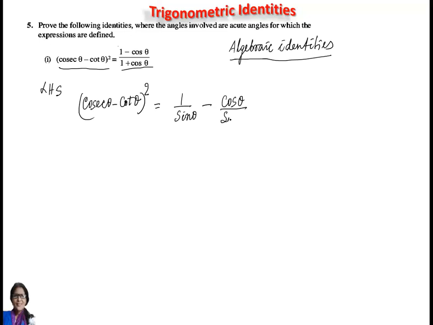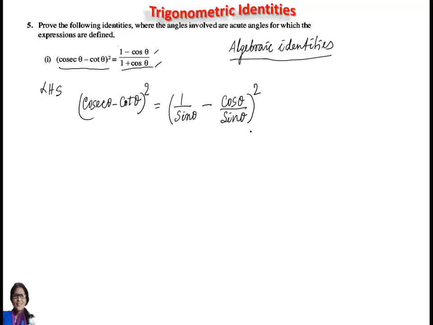Whenever I observe that cos is there on the right hand side, I'll convert the left hand side into sine and cos. So this will be 1 by sine theta, cosec theta I wrote, and cot theta I wrote, cos theta by sine theta. Why am I converting? Because on the right side there is a cos term, no cosec, no cot.